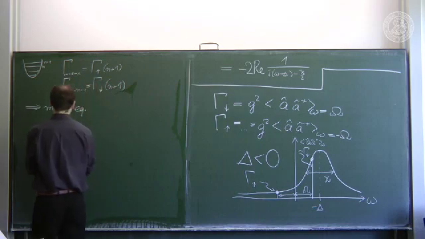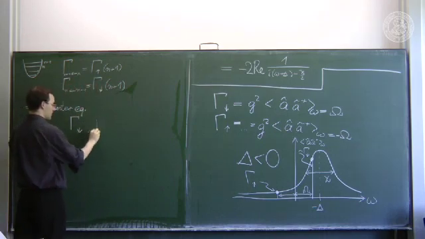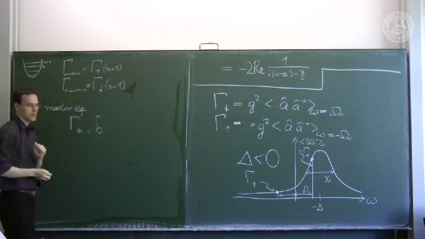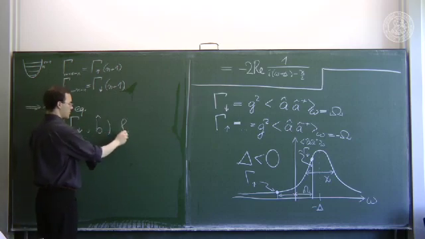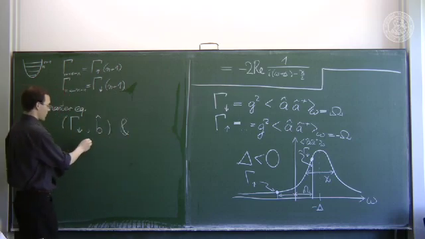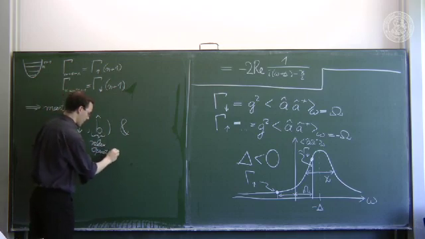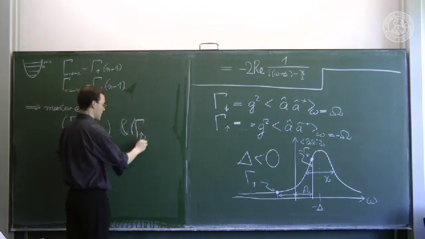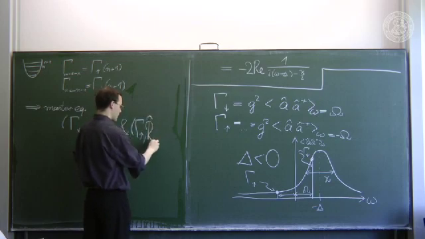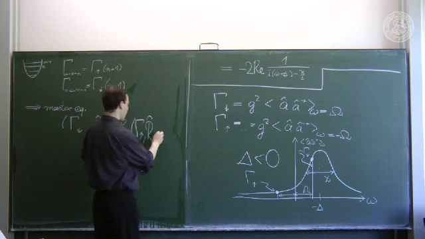And now I will have terms with the downward transition connected with B, destroying a phonon, so this is the relaxation operator, and terms with the upward transition and the corresponding relaxation, or should I say excitation operator, being B dagger.